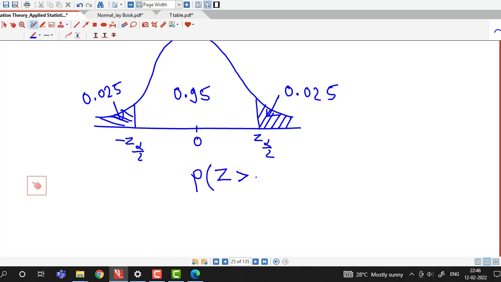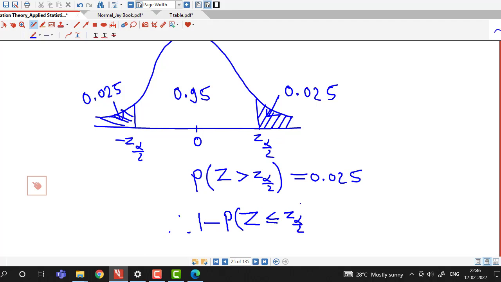Therefore we can write that the probability that Z is bigger than z alpha by 2 is 0.025. So 1 minus the probability that Z is less than or equal to z alpha by 2 is 0.025.